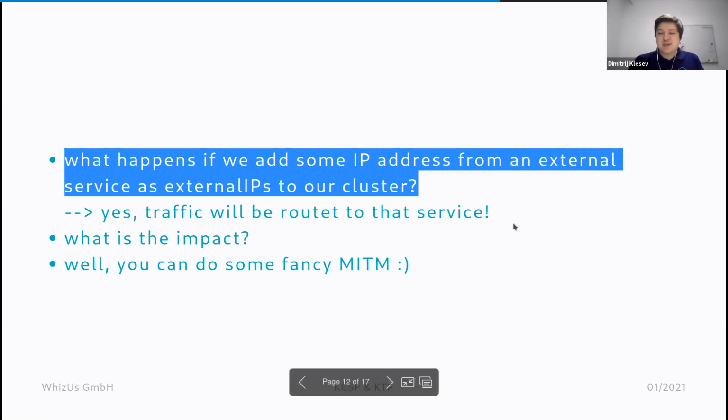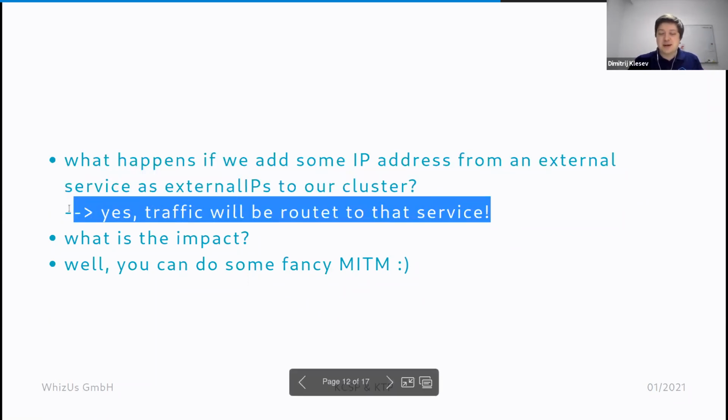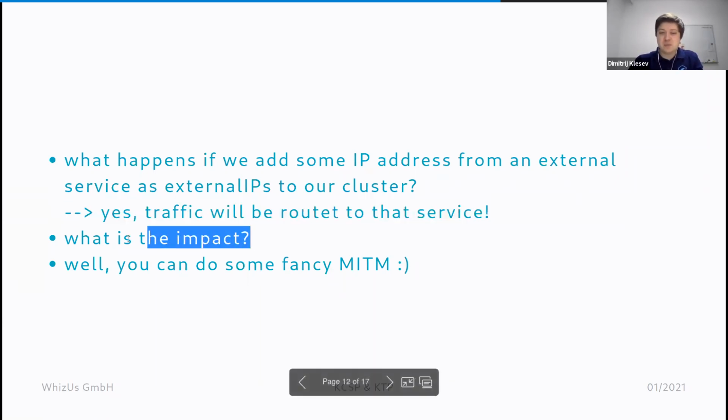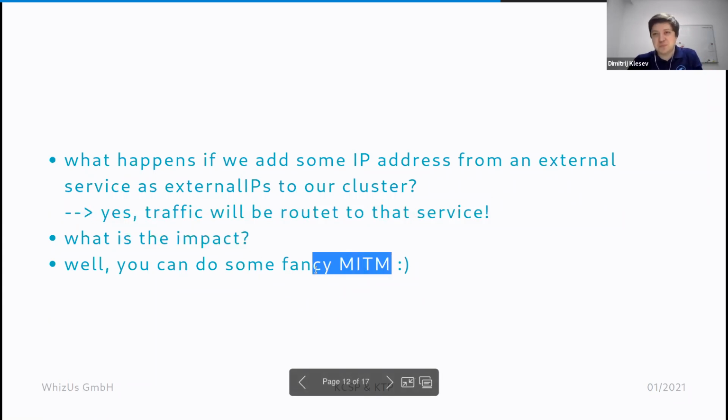Yes, kubeproxy will add some fancy rules to iptables and route this traffic, because the destination is the WhizUs IP address, to the service containing this section. So the impact is you can do MITM, because if I set a service to get those packages, which should normally go to an external source, it will intercept them.